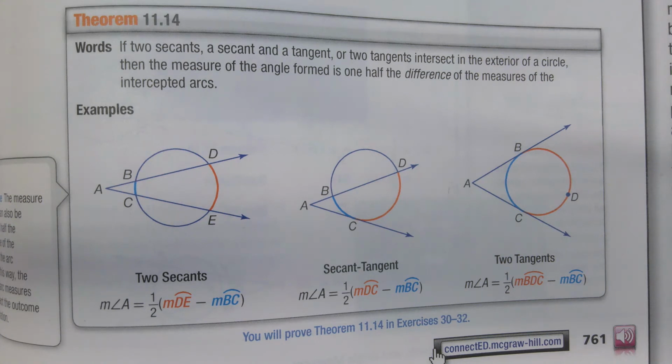Then you can see the formulas that correspond to the pictures. These formulas are all extremely similar, but they're different because of the different types of lines. This is if two lines intersect on the outside of a circle. The one before was if the two lines intersect on the inside of the circle.